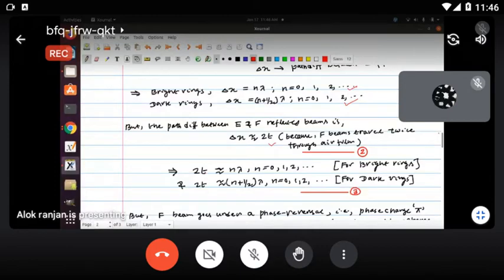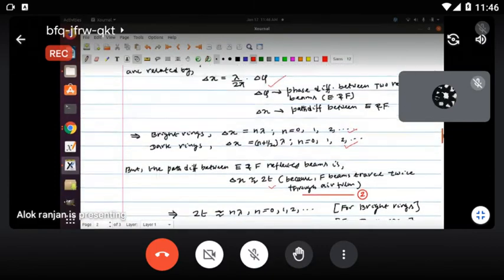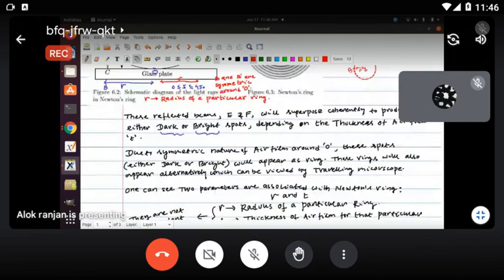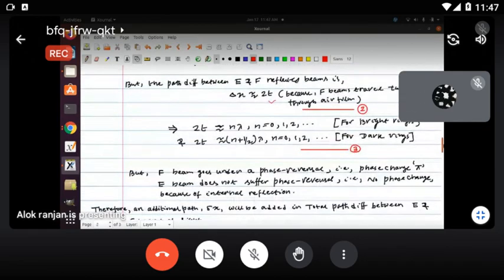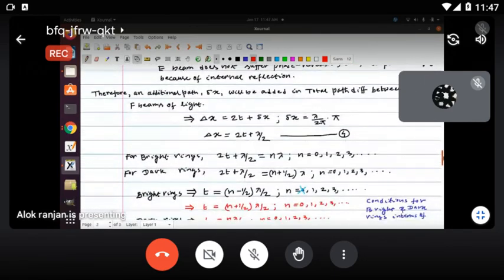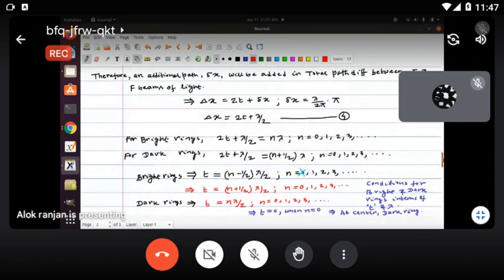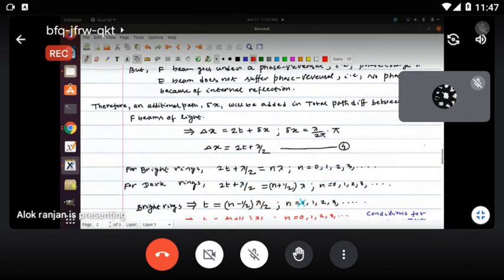But there is one more optical phenomenon one can observe, called total internal reflection, that we'll discuss in the polarization chapter. For the time being you should remember this, and we'll derive the mathematical expression there.